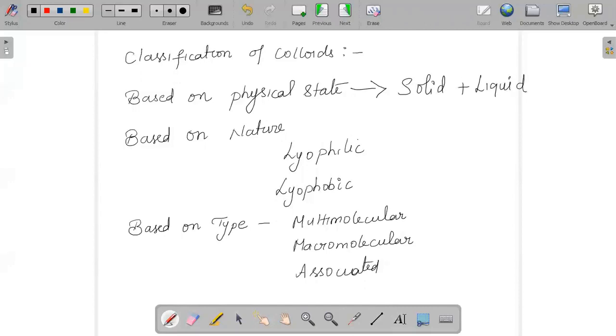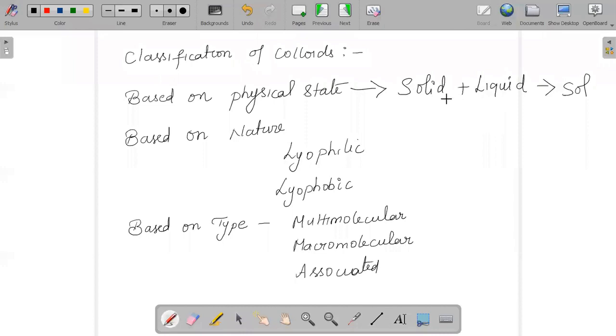Those types of colloid are given the name sol. When the dispersed phase is a solid and the dispersion medium is a liquid, the colloid formed is sol. Do remember, you will have a chart in your book with different combinations of colloid.